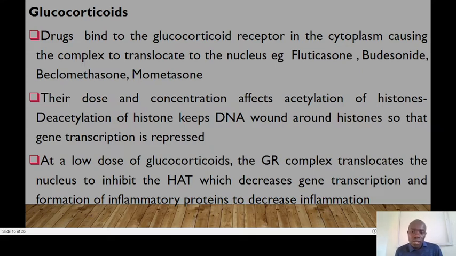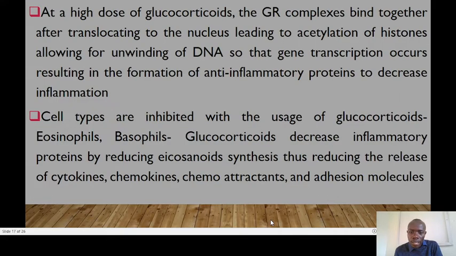So at low dosage of glucocorticoids, the GR complex translocates to the nucleus to inhibit histone acetyltransferase, which decreases gene transcription and formation of inflammatory proteins, so that inflammation decreases. Okay.